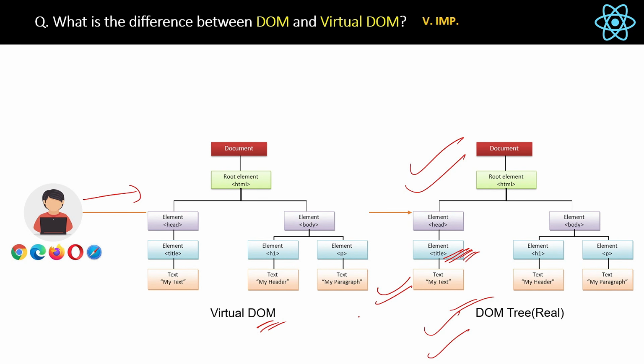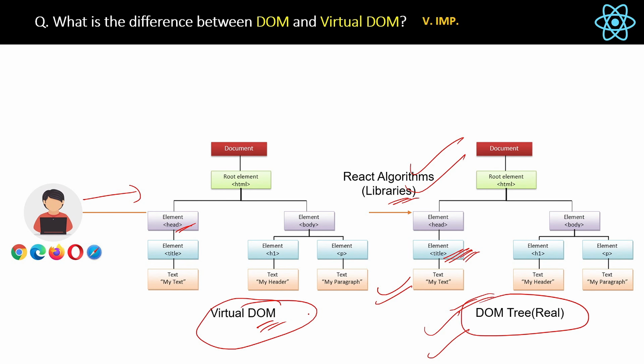Now if the user makes any changes in the UI, those changes happen in the virtual DOM only, not directly in the real DOM. And then in the background, React algorithms in the React libraries keep comparing the changes between the virtual DOM and the real DOM. And whatever changes the user has made in the virtual DOM, the same will be reflected in the real DOM by the React libraries.